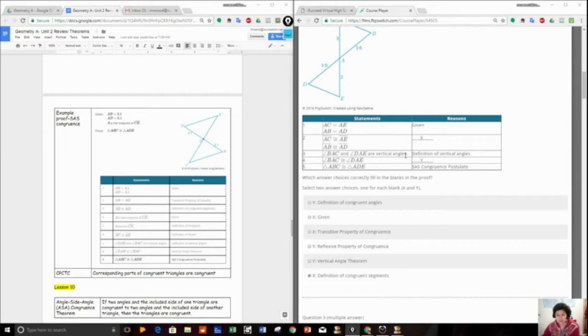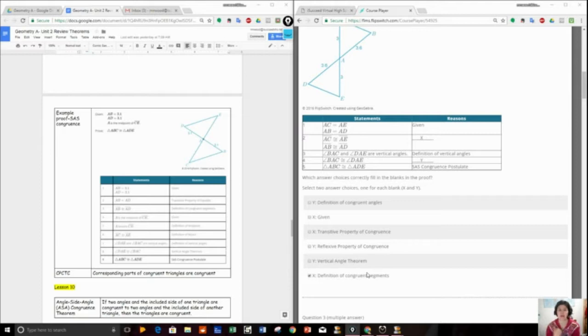And the reason is definition of vertical angles, which is the exact same reason as ours. And then if we move to step 4, it's the exact same jump. They both went from stating the vertical angles to stating that the angles were congruent, and the reason was the vertical angle theorem.